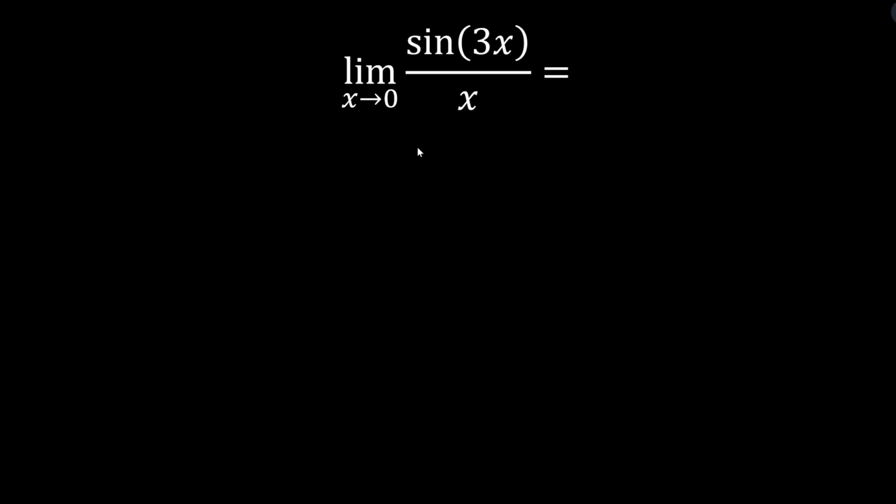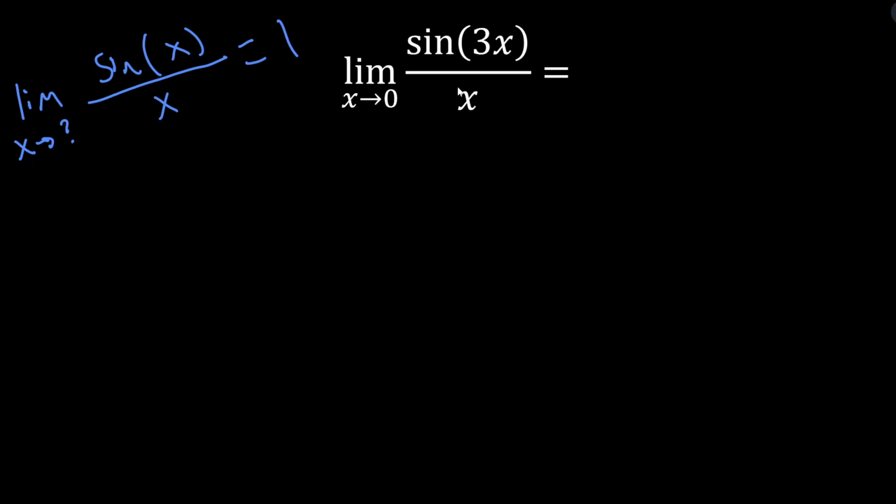I gave this example for a reason, which is that if we have the limit as x approaches something of the sine of something over that same something, as long as these two expressions are equal and the number x is approaching makes them both 0, then this is equal to 1. So the argument needs to equal the denominator, and the number x is approaching needs to make each of them 0. If both of those things are true, then the limit equals 1.